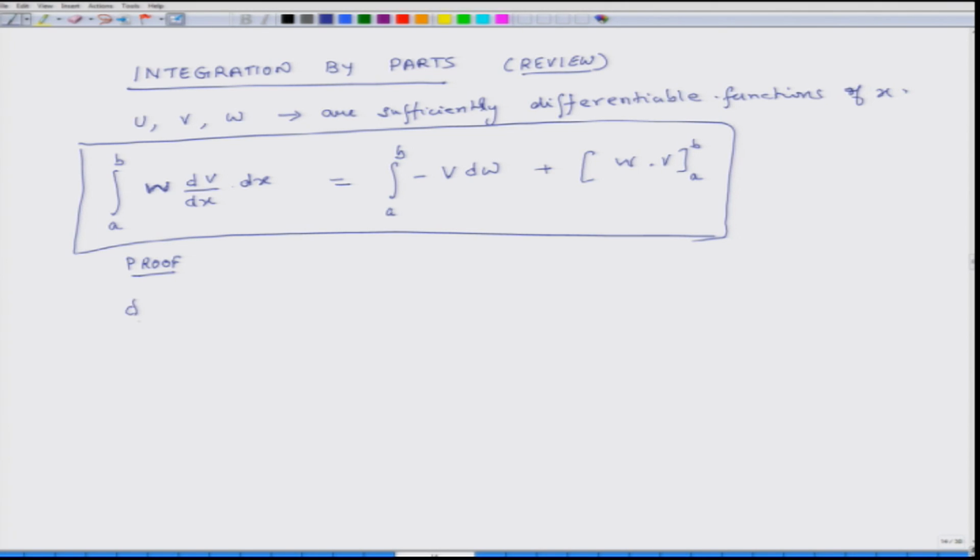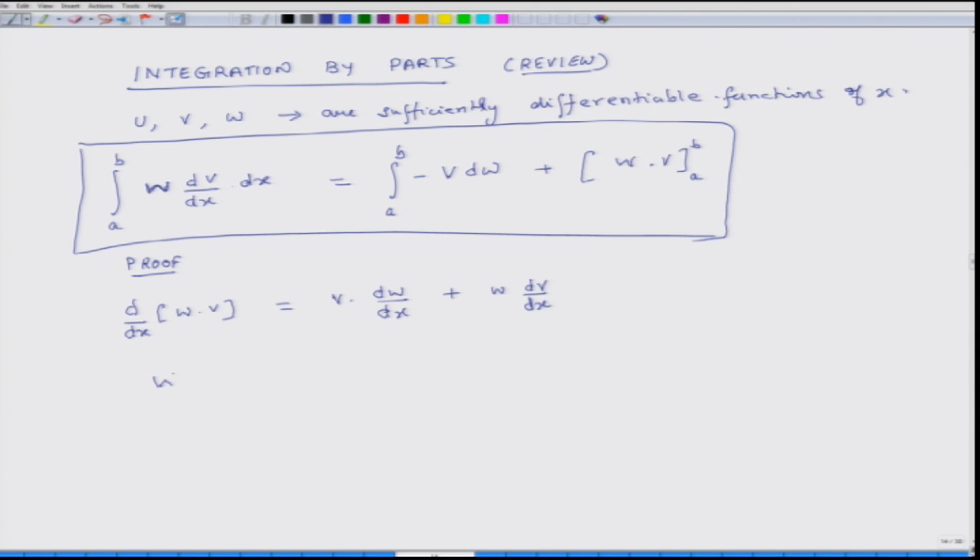So, we know that the derivative of two functions w and v equals v times the derivative of the first function plus w times the derivative of the second function, which is v.